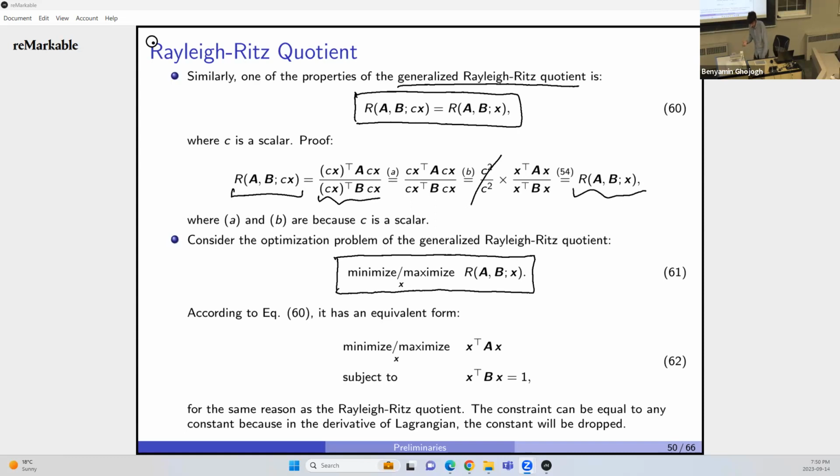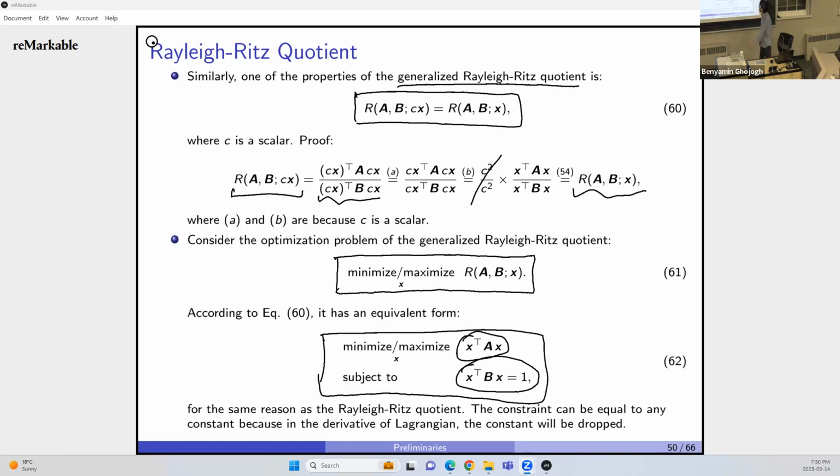For example, when it is the Fisher criterion, we are maximizing that. We can write it as minimization or maximization of the numerator subject to the denominator equals 1. The proof is similar, and I think you know why I'm only minimizing or maximizing the numerator. Because the denominator is 1, right?